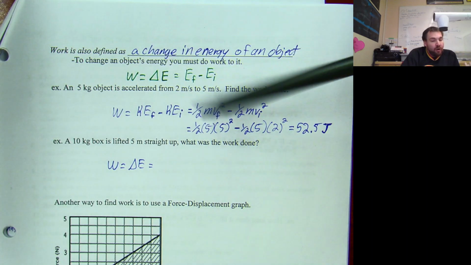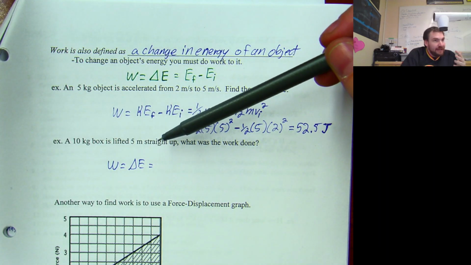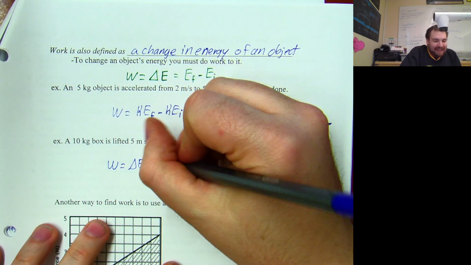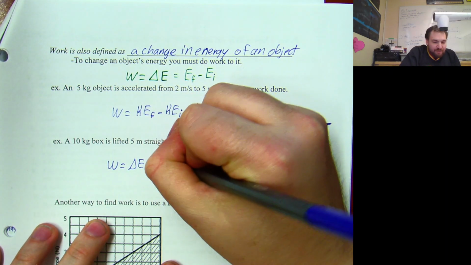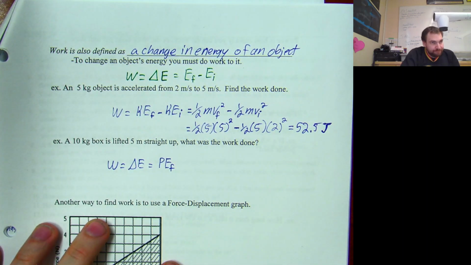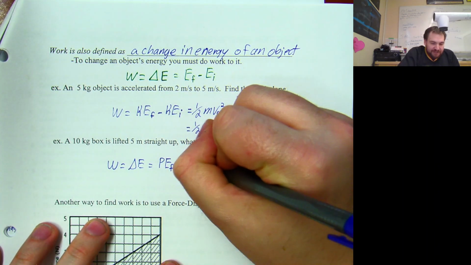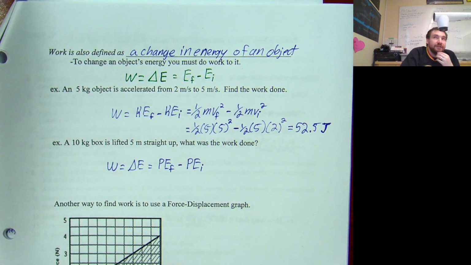We don't care what happens in the middle. Yes, the object had to start moving, but it's going to stop moving when you get it to the top, right? So we don't care about the kinetic energy as it moves. All we care about is the fact that at the end, there's going to be potential energy now, minus whatever potential energy I had to start with.